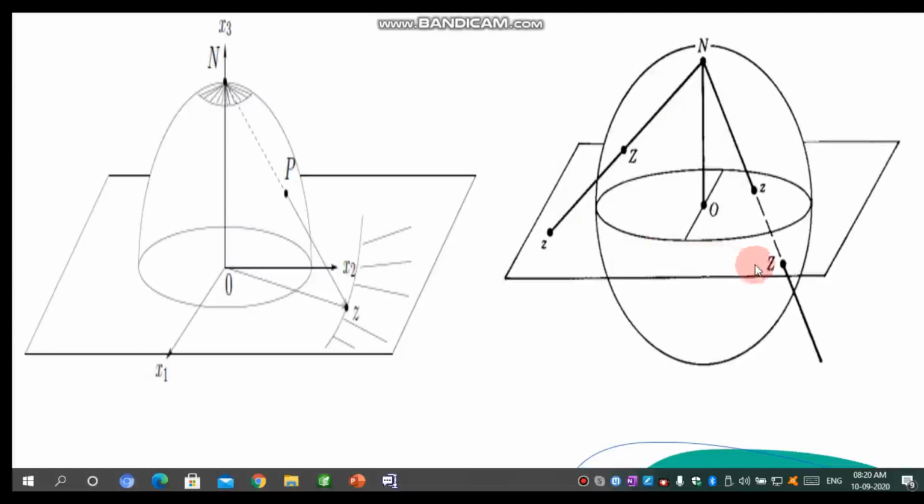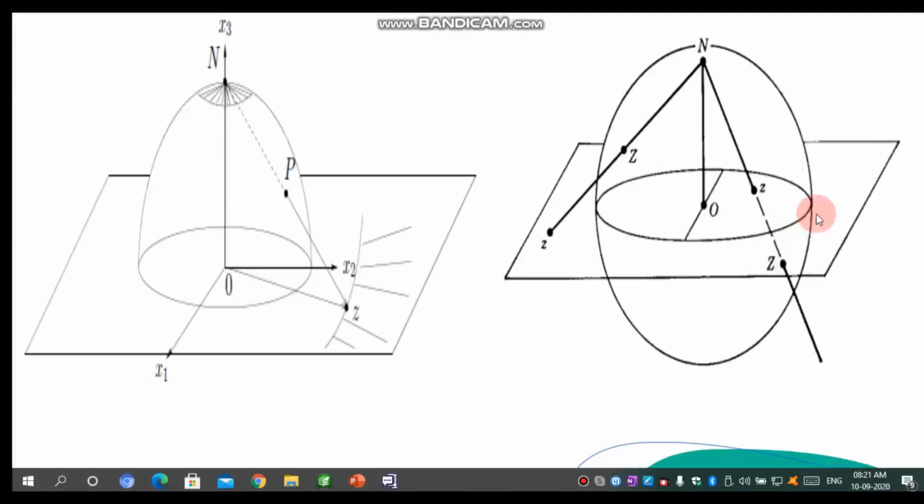If mod z is less than 1, z is inside of this circle, so when you join it with N, the point will be in the lower, southern hemisphere.